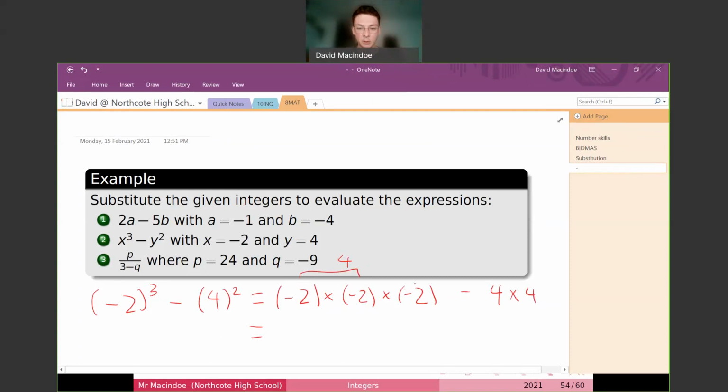And then times by -2 gives me -8. 4 times -2, different signs, gives you a negative. Then here, 4 times 4 gives me 16. So we've got -8 take 16. So it's just going to become more negative, I think -24 will be the answer. And that is that one.